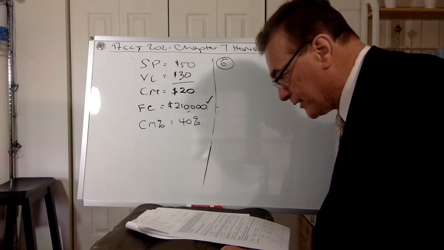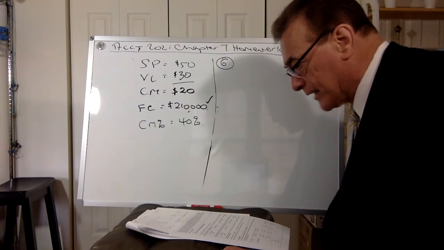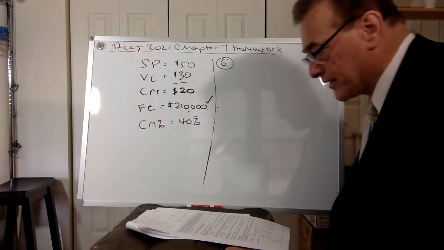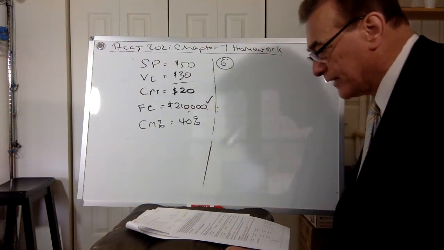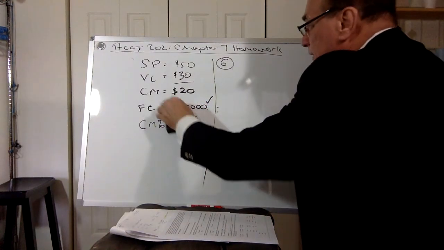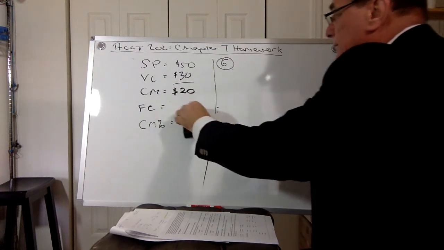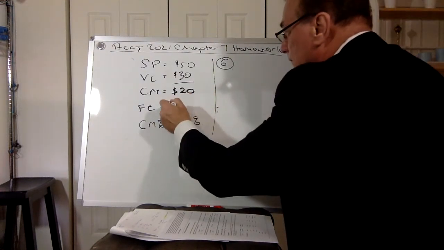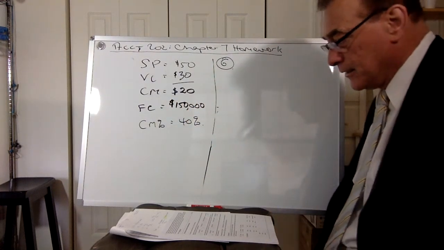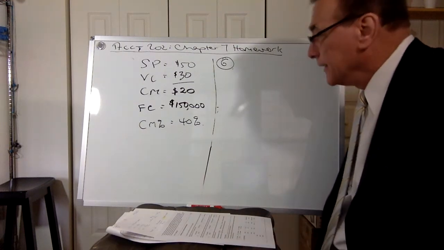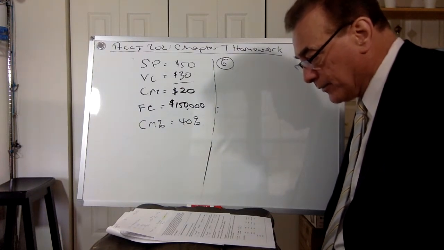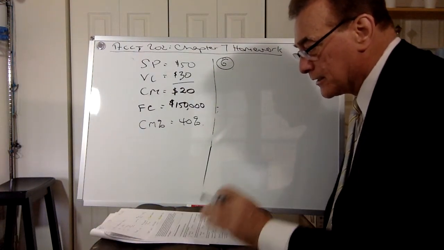Right, under these conditions, break even is 10,500, break even sales 525. Suppose Fun Time Cruises embarks on a cost reduction drive and slashes fixed expenses from 210,000 to 150,000 per month. So now the new fixed cost is changing to 150,000. So in other words, they won't have to sell as many tickets to break even because their fixed cost is reducing. Compute the new break-even point in units and sales dollars.